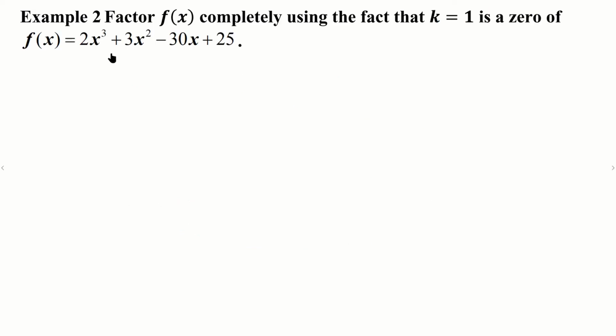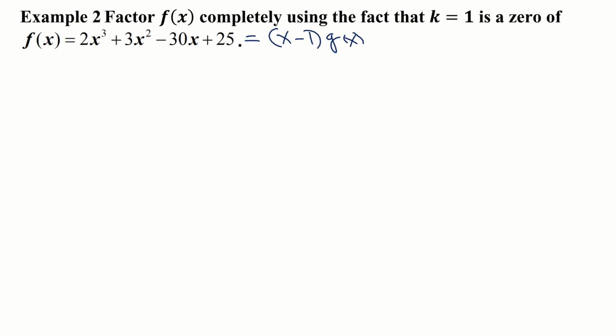All right, so in our next example, we want to factor this function f of x here completely using the fact that k equals 1 is a 0 of the function. Now that means x minus 1 is going to be one of the factors, right? So we already know this is going to be quantity x minus 1 times some polynomial, right?